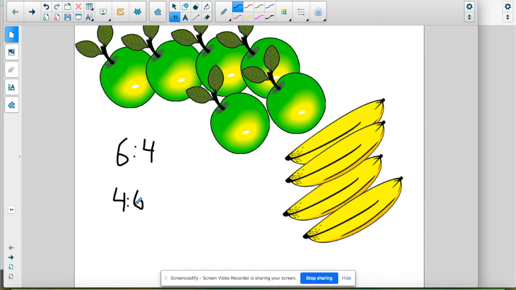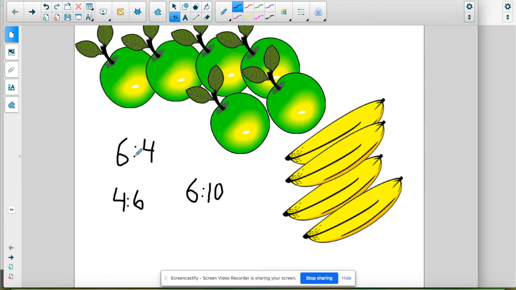There's another way to compare, and that is comparing parts to the whole. So if you were going to compare apples to fruit, it would be 6 to 10 because there are 10 different fruit there.